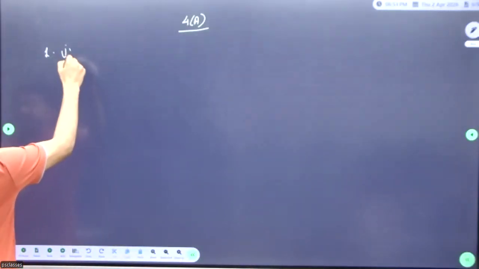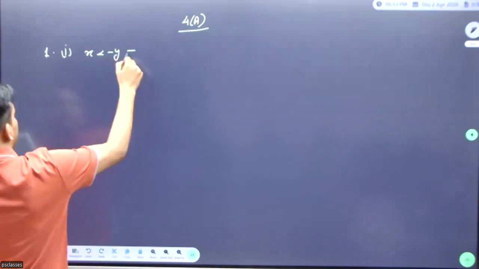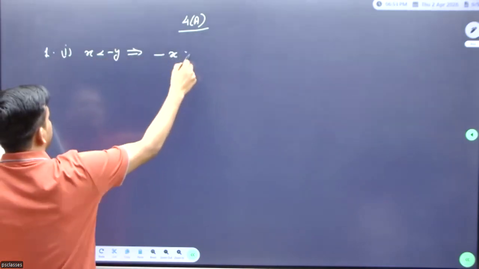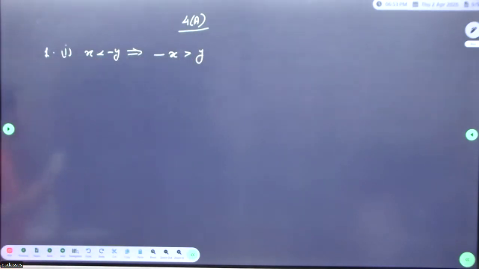First one, x is less than minus y implies minus x is greater than y. Is it true or false? Why?